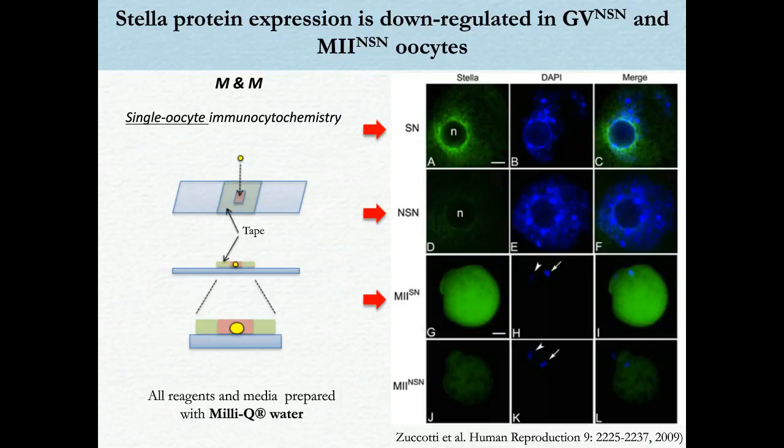On the left-hand side panel, I summarized the in-house preparation of the slide required for single oocyte immunocytochemistry. First, a thick tape with a squared hole of about 3 millimeter side is placed and stuck at the center of the microscope slide.